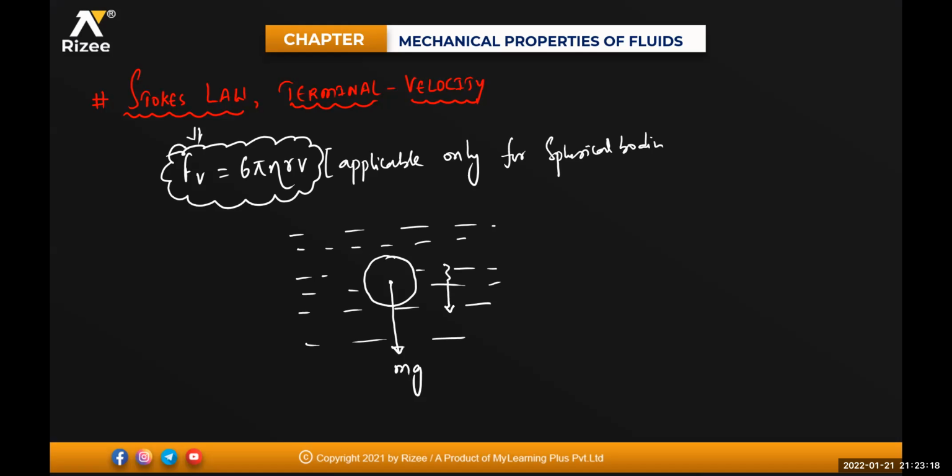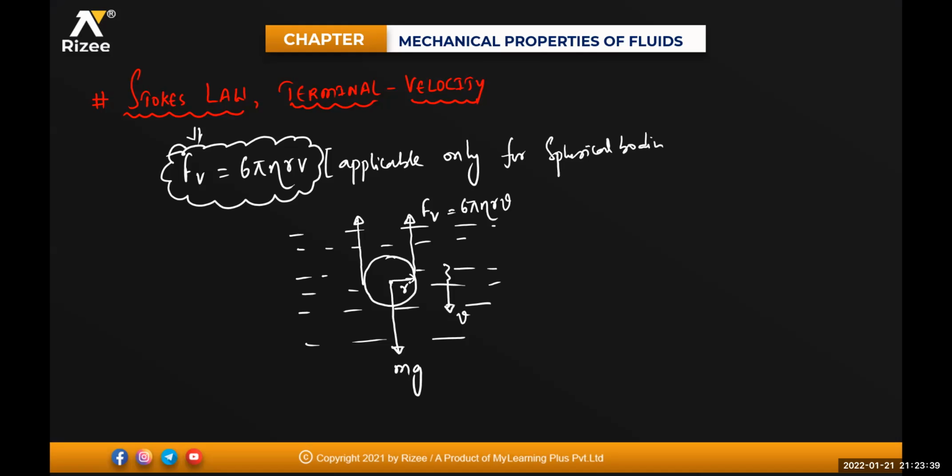Velocity of this body is in the downward direction, V. Viscous force acts on this body from all the surfaces in the upward direction. This viscous force is 6 pi eta r into velocity, and the radius of this one is r.